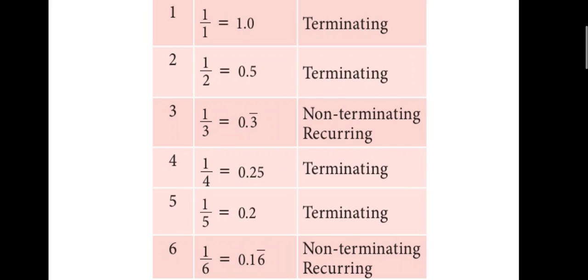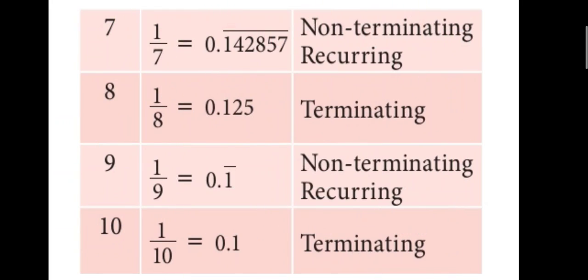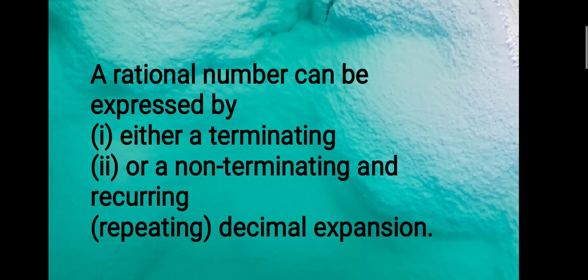So what we can conclude from these divisions: there are only two types of decimal expansion of a rational number, that is a fraction. First one is terminating decimal expansion, and second one is non-terminating recurring.